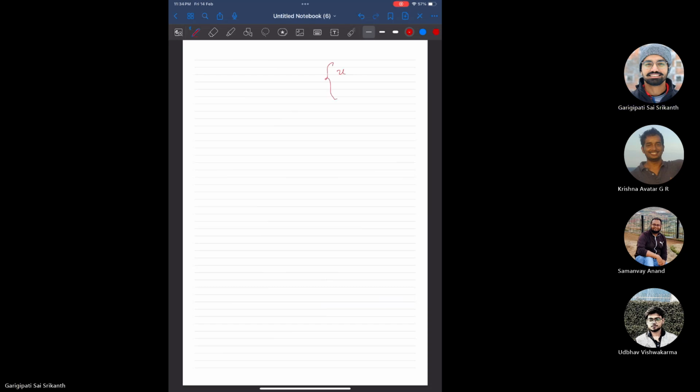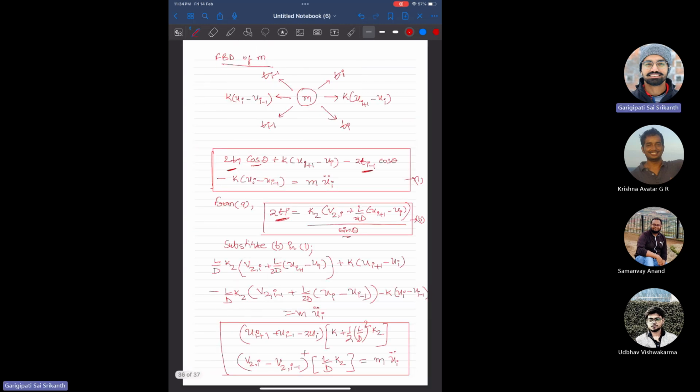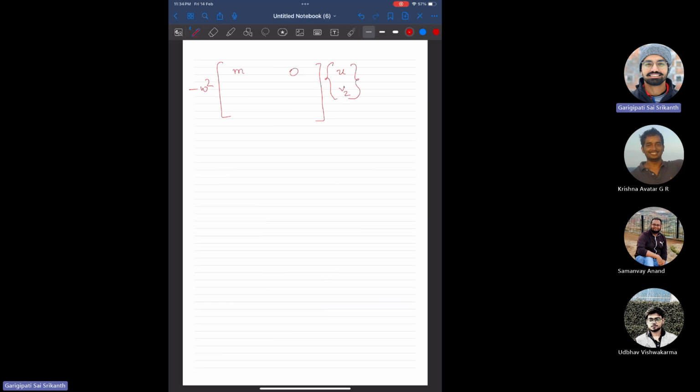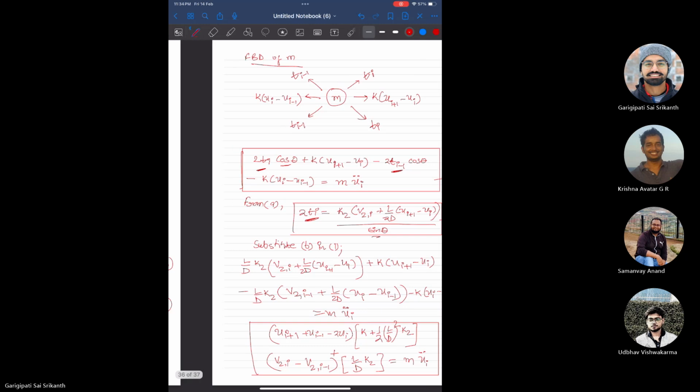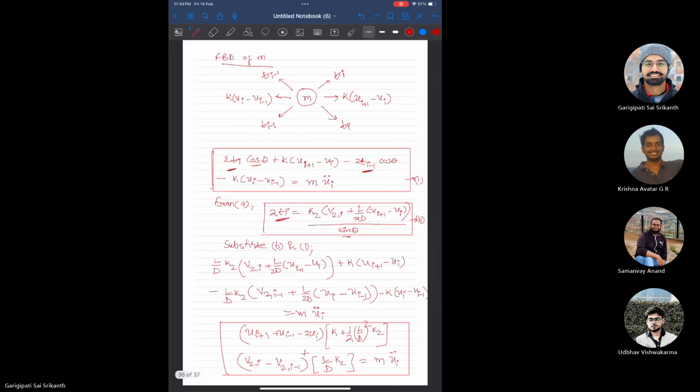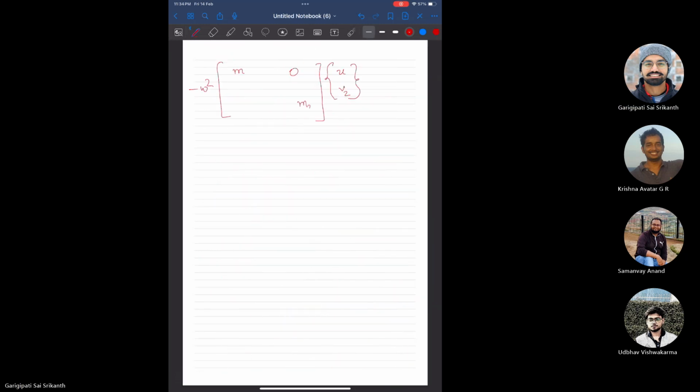U, then V2. Mass matrix looks simple enough. Yeah, this looks simple.